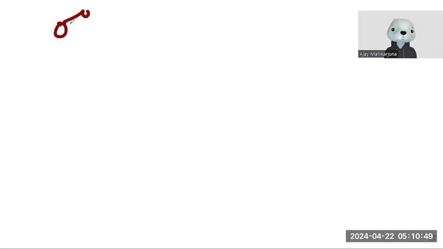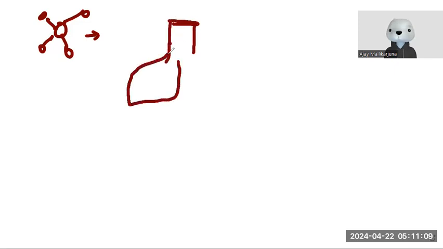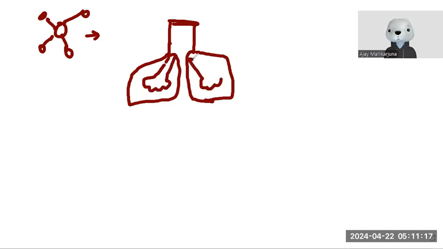So this is the virus particle. It entered into the human body through the route like cough and sneeze, through the respiratory droplets. After that, it is a normal lung.